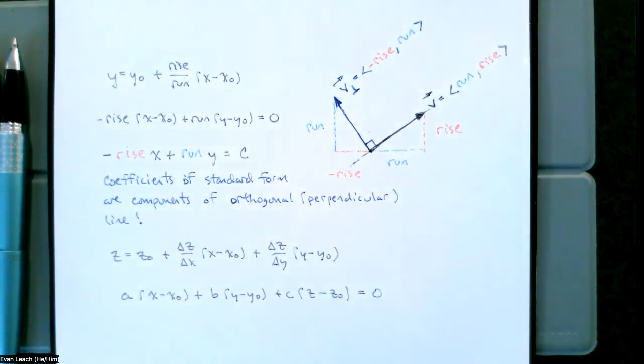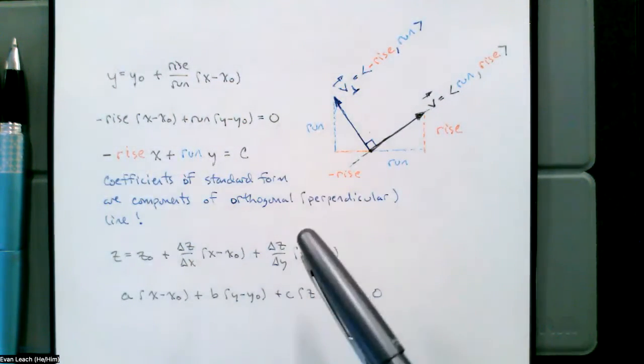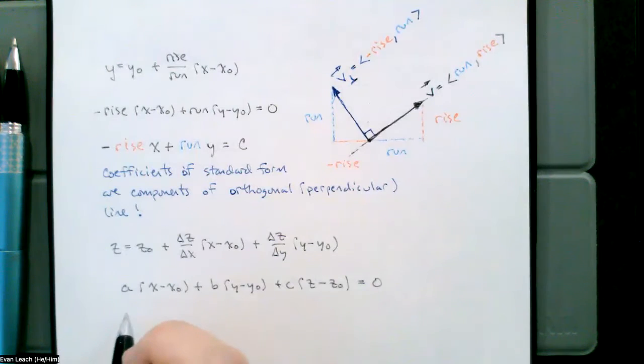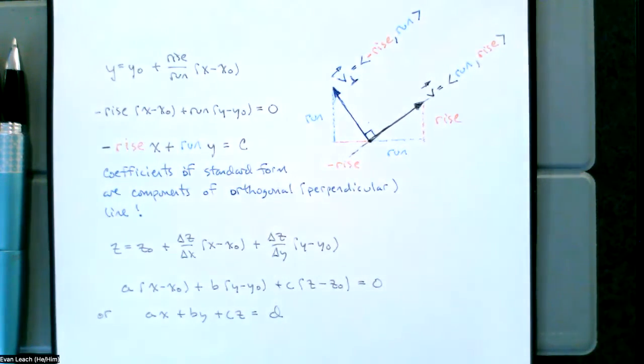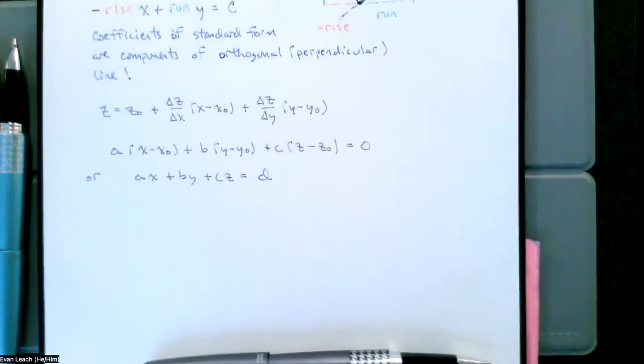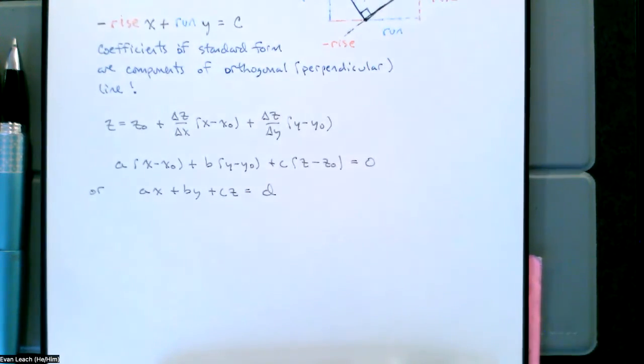Or we could have the coefficient with x minus x naught, y minus y naught, z minus z naught. Or we could multiply that out the same way we did with the standard form of a line, and just gather up all those constants as one constant, the same way we did ax plus by equals c.